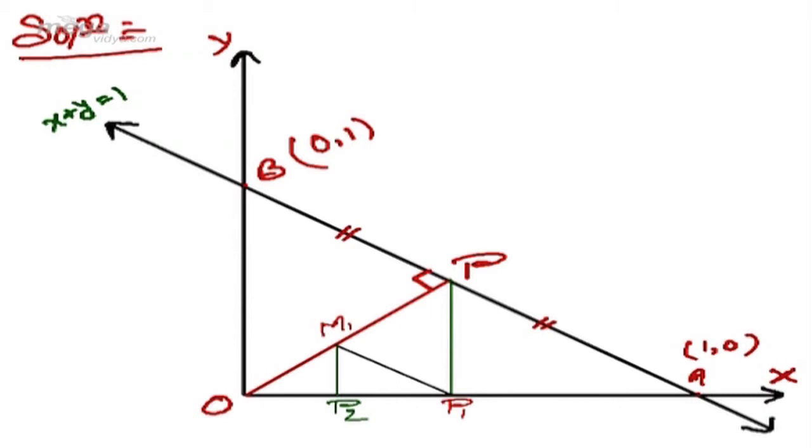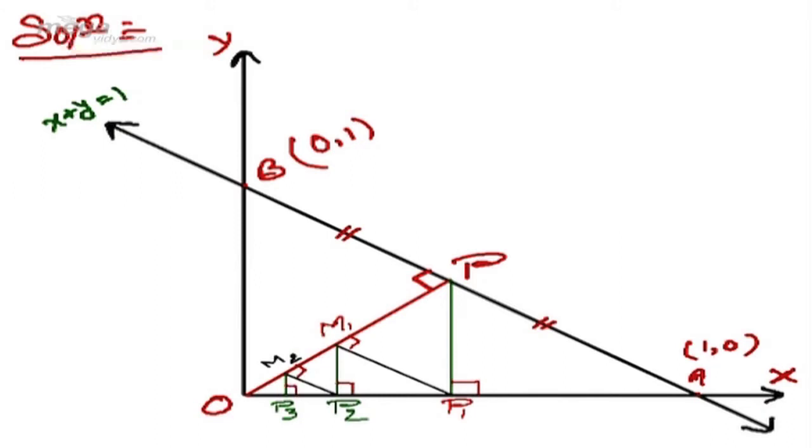From P2 we draw the perpendicular on OP, and this is your M2. Then from M2 we get P3, and so on. All of these are perpendicular.